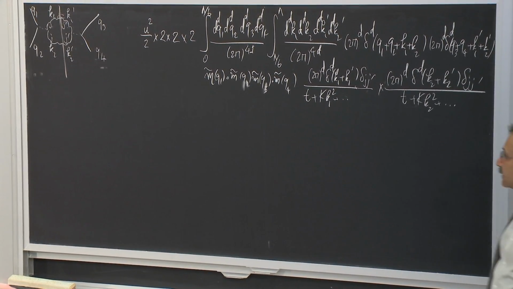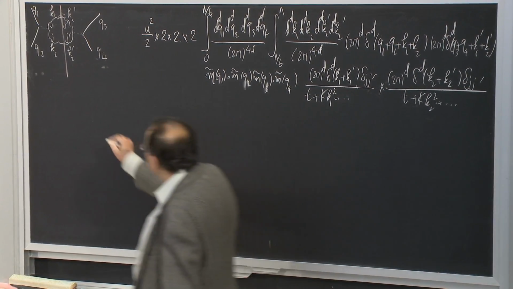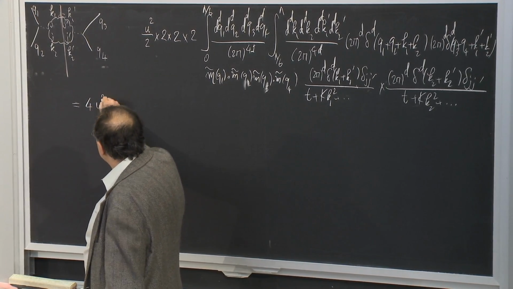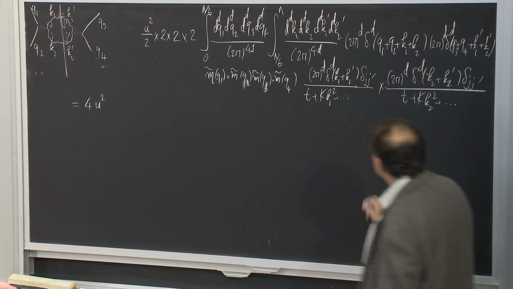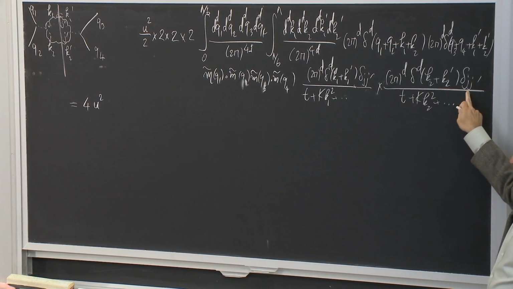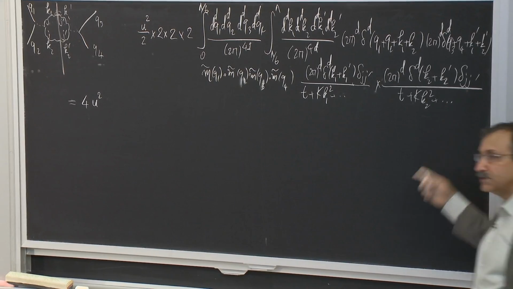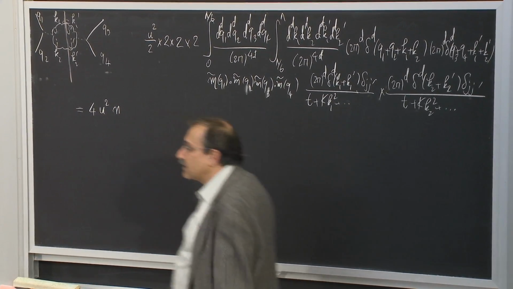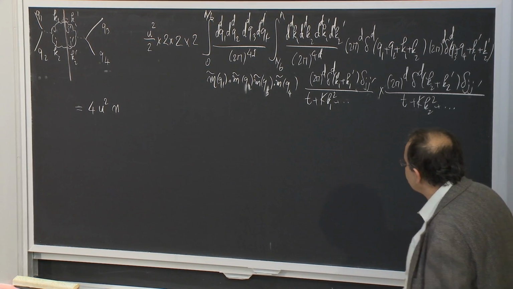Now I can do the integrations. But first of all, numerical factors, I will get 4u squared. As I told you, delta j, j prime will give me delta j, j, sum over j. I will get a factor of n. That's the n that I anticipated and put over there.